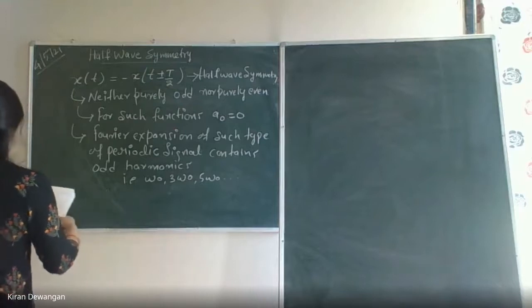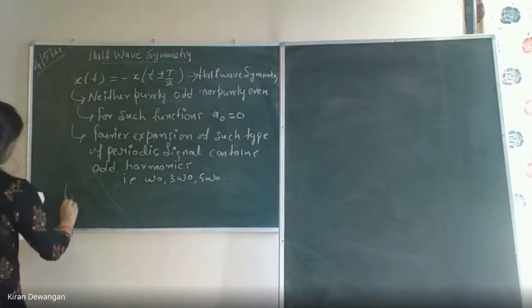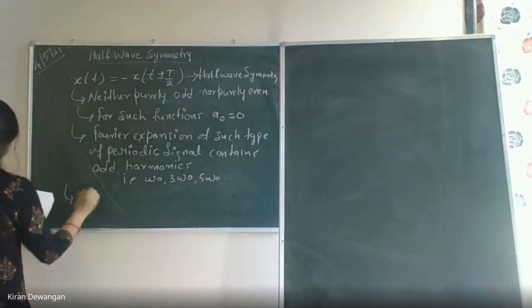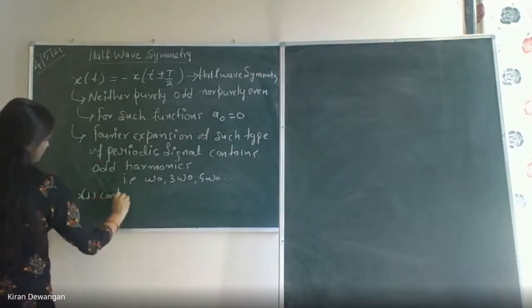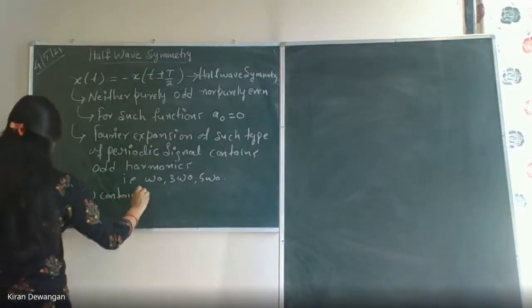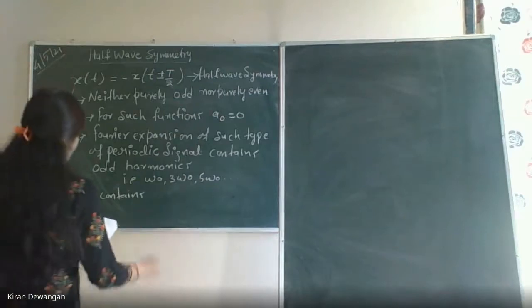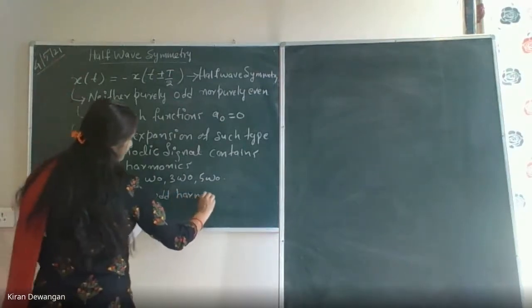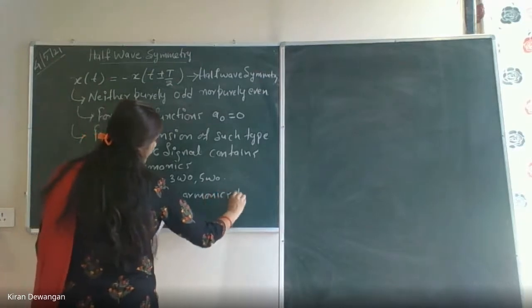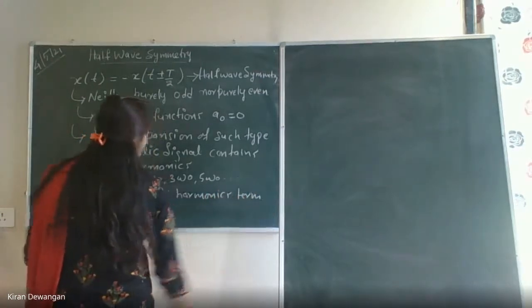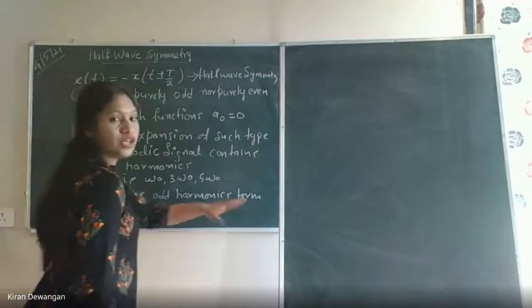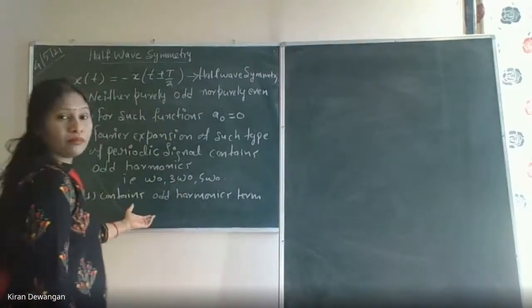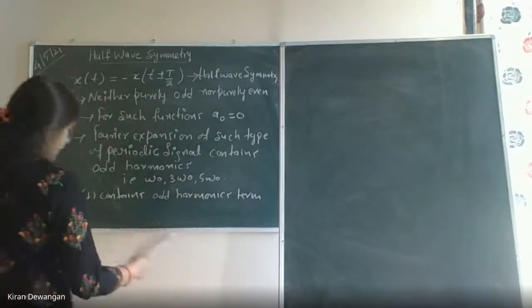And x(t) contains odd harmonics terms. So it will have only odd harmonics terms, whether it may be of an or bn, anything.